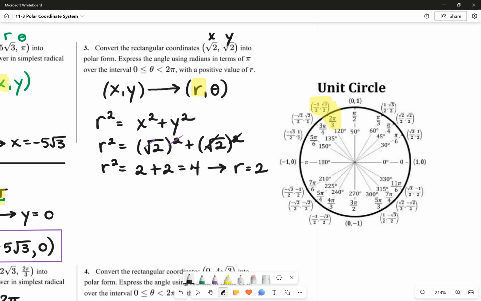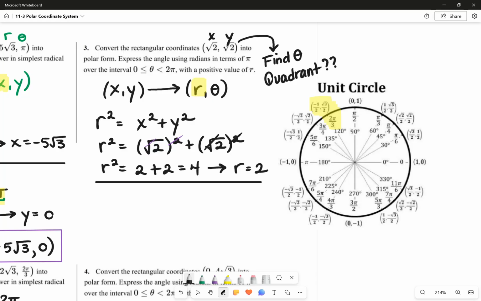And now to find my theta, I'm going to do the tan inverse, but just like you guys did in vectors, okay? Whenever you guys are going to find theta using a point, I need you to establish which one is the quadrant. Which one is the quadrant? So this one is in quadrant number 1.